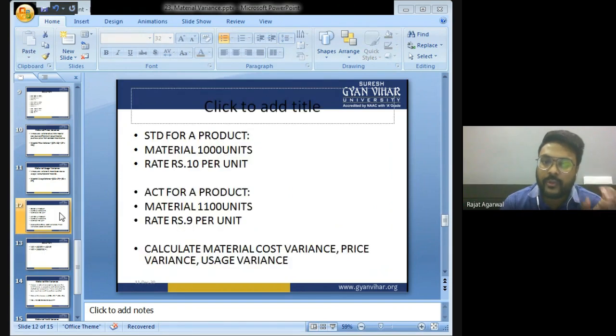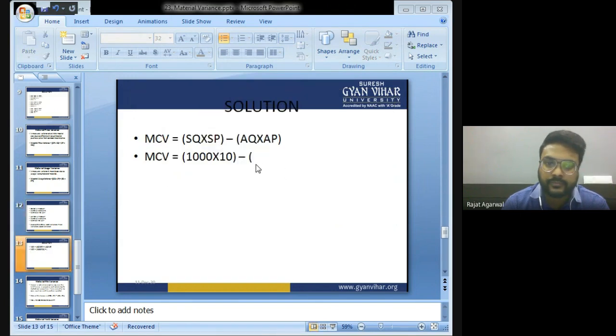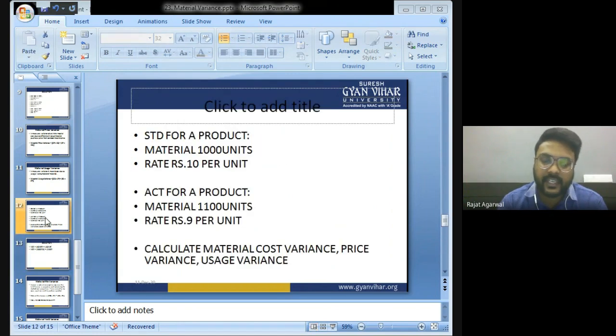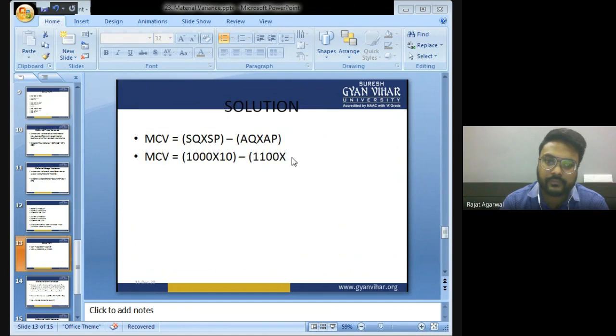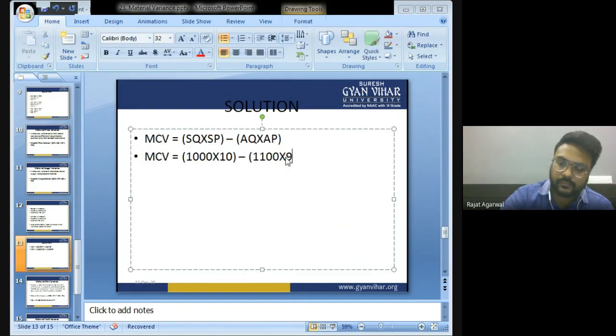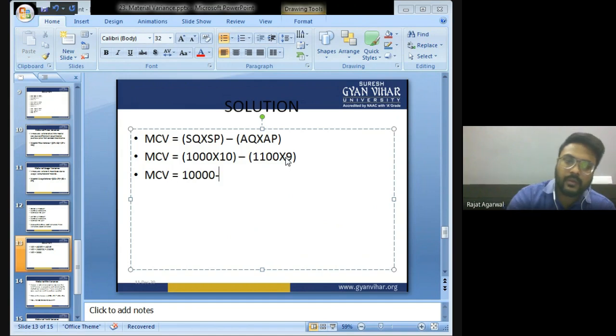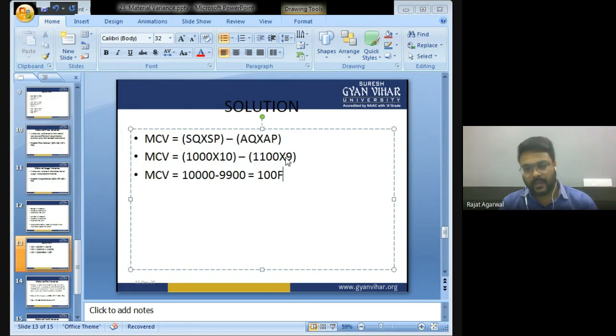Actual quantity we have consumed is 1100 units into actual price of rupees 9 per unit. 1000 into 10 is 10,000 minus 1100 into 9, that is 9900. So the answer will be 100 favorable. That is good.